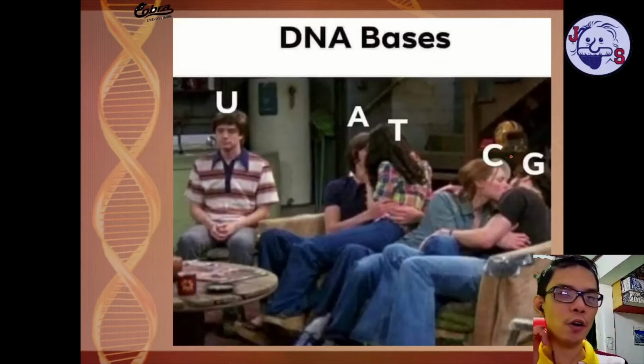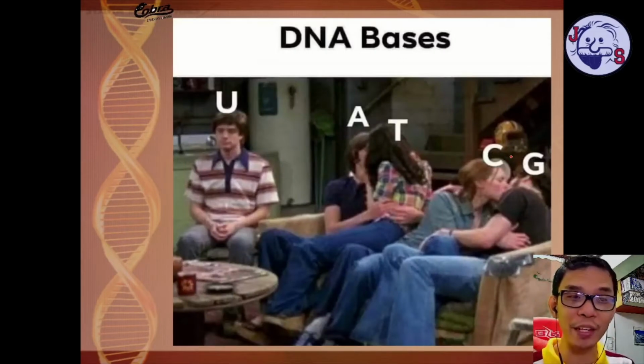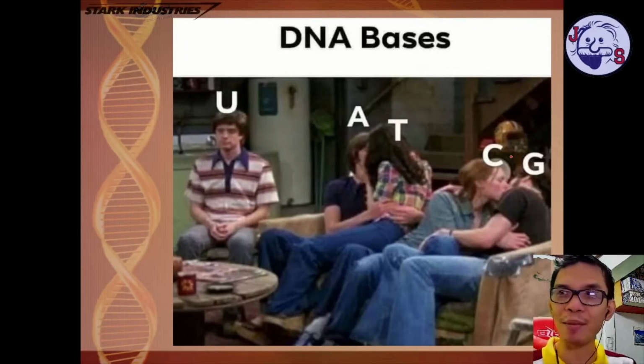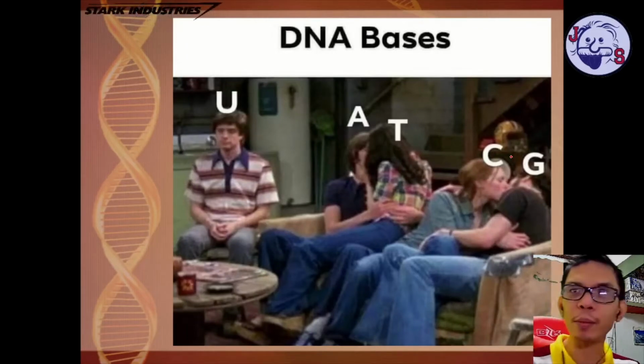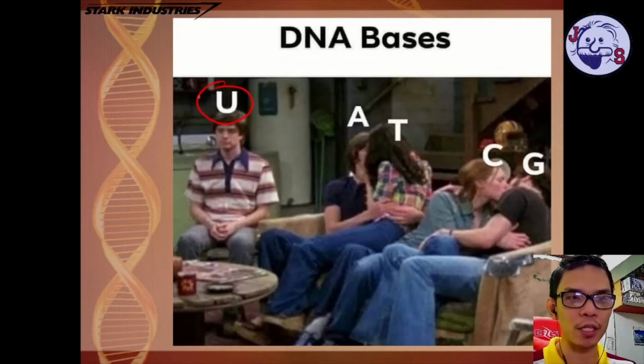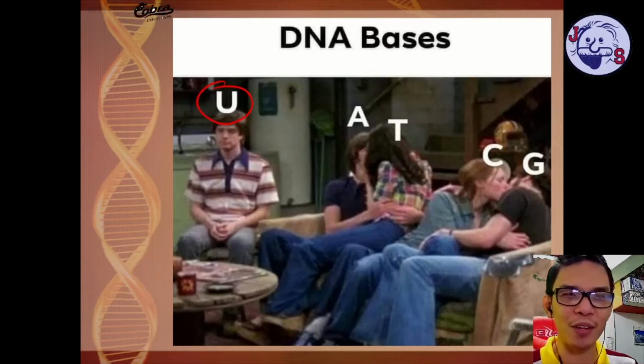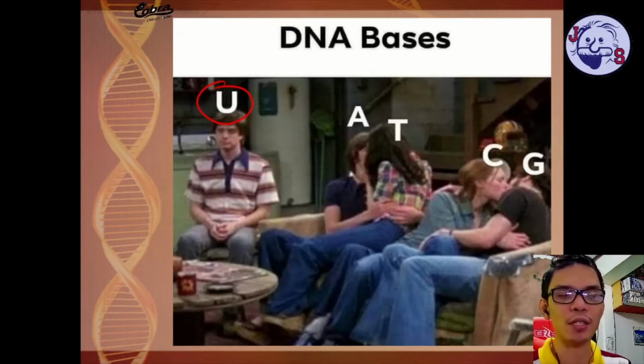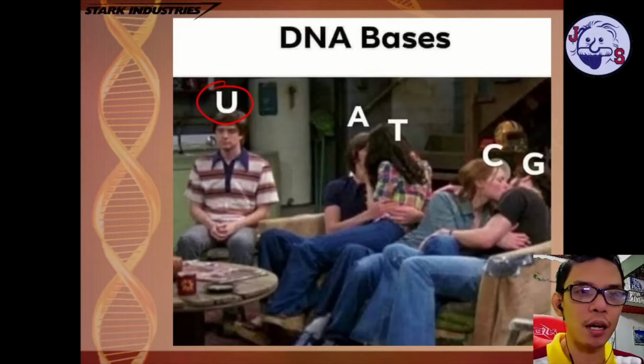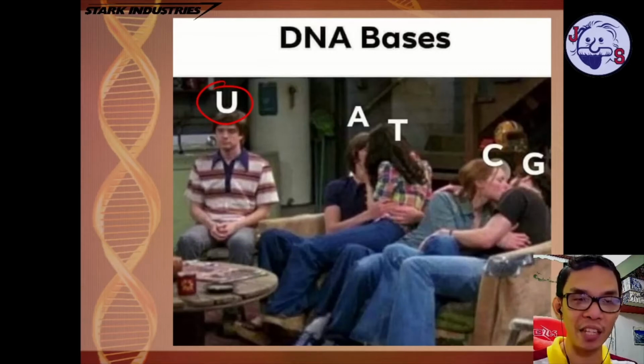As we all know, adenine is paired with thymine and cytosine is paired with guanine in the DNA. But what about this nitrogenous base, the uracil? Where can we find it? You can write your answer in the comment section below this video. We can find the uracil in the RNA, and usually the uracil is paired with adenine.